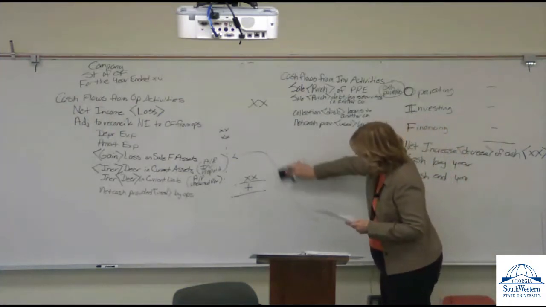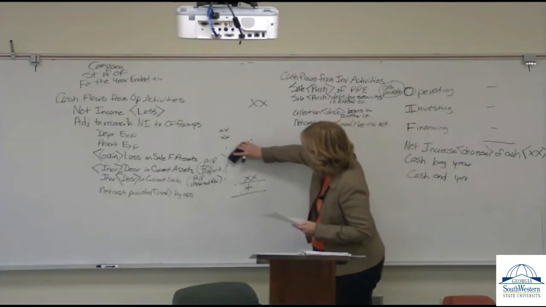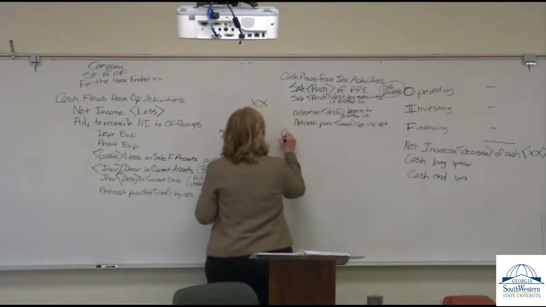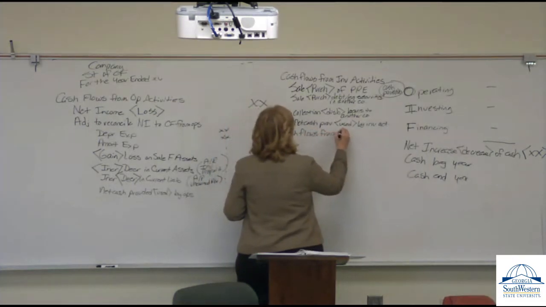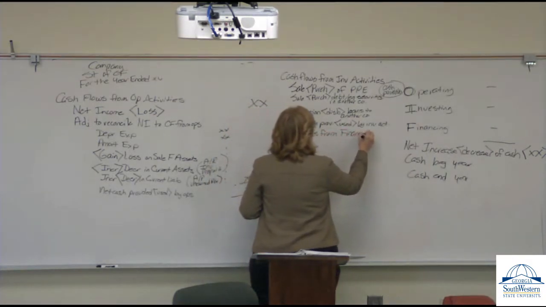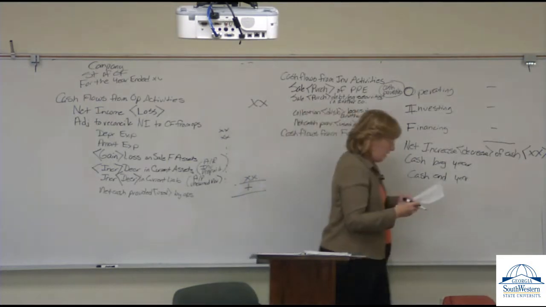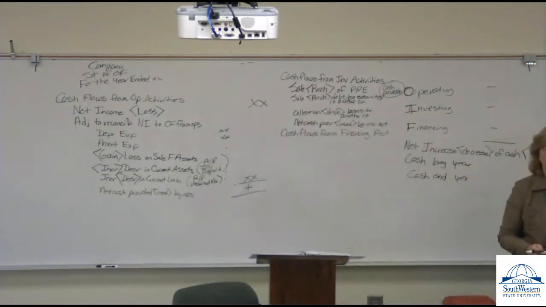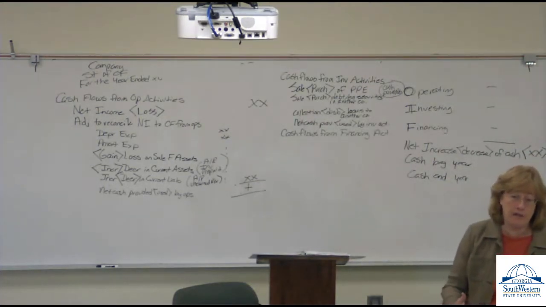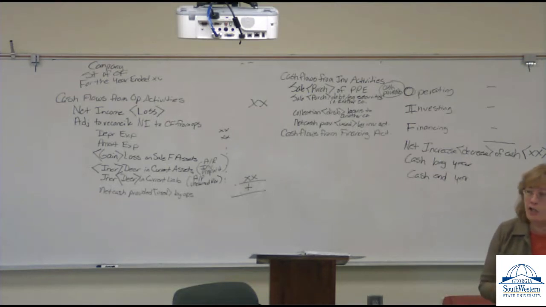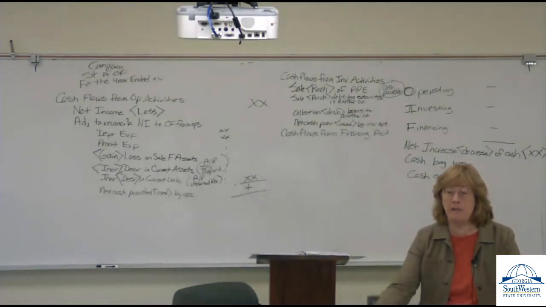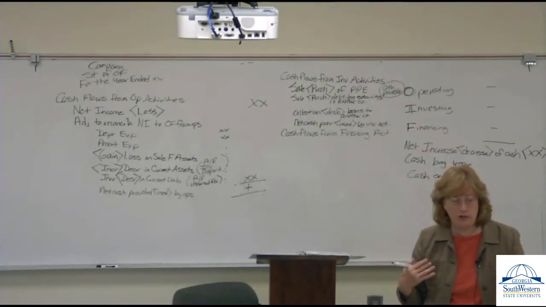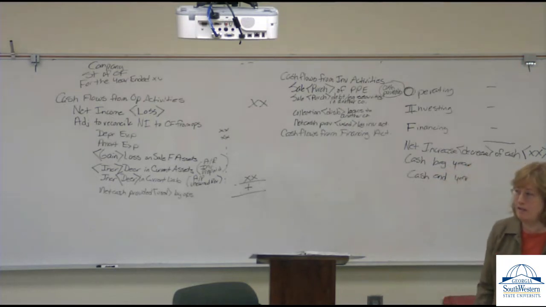Now the next one is financing. Cash flows from financing activities. Okay, so financing has to do with how the company finances its operations. So a company can, in general, finance its operations in one of two ways. Like, financing means obtain capital for use in the company's business, right?